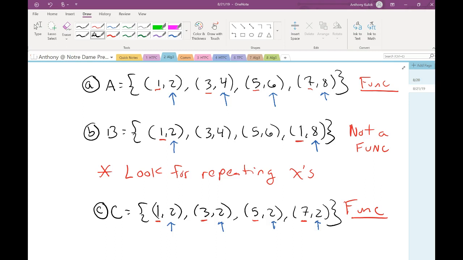The reason that this property of the x's can't repeat is so important is because it allows us to be deterministic about these functions. Imagine if you have a machine that whenever you put a quarter in, one specific thing happens. That would be nice, right?